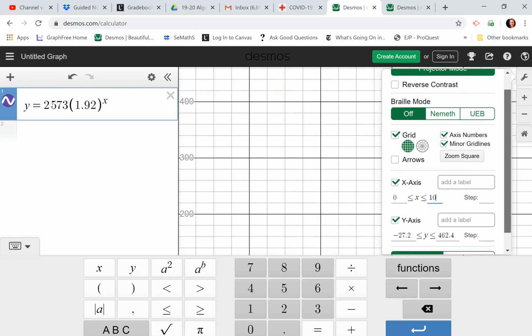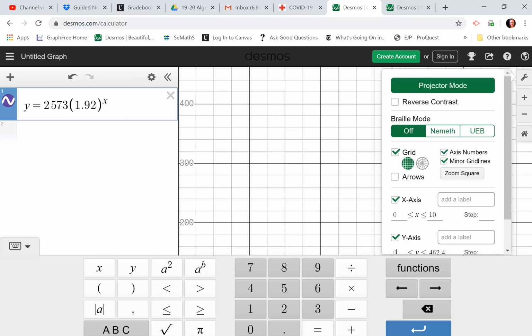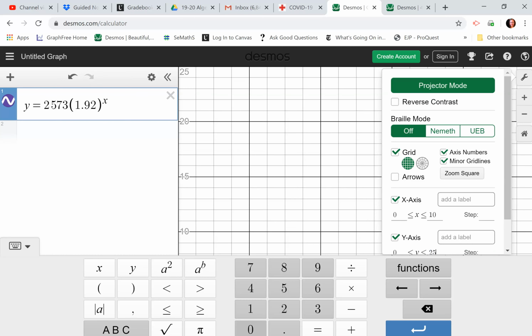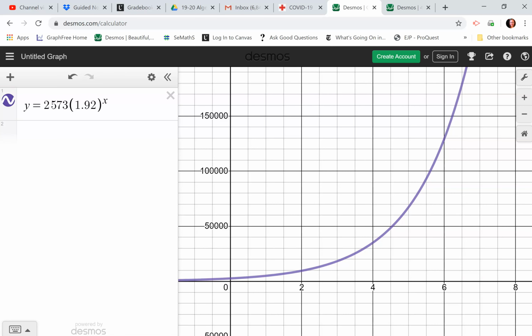And then we know it's 2,573 to start, and then it's going up. So I'm going to make it like 0 to 250,000. All right, cool. And then you tap the wrench and it's gone. All right, so there we go. We've got a pretty good idea of what our graph should look like.